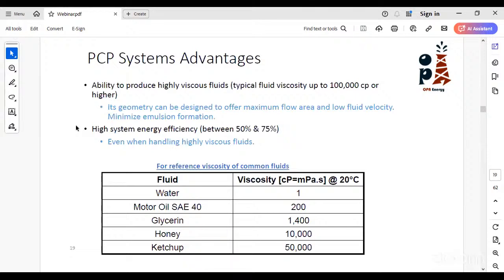So after that, what are the PCP system advantages, after we have talked about the lower energy consumption? First of all, the lower energy consumption than many other artificial lift systems. Second thing is the ability to produce highly viscous fluids.